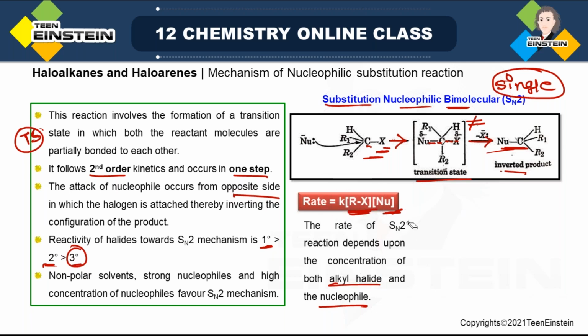So it will be comparatively less sterically hindered for the nucleophile. So nucleophile will prefer 1 degree alkyl halide, a very good example is CH3CH2X. So this carbon is 1 degree because it is attached to only 1 carbon.